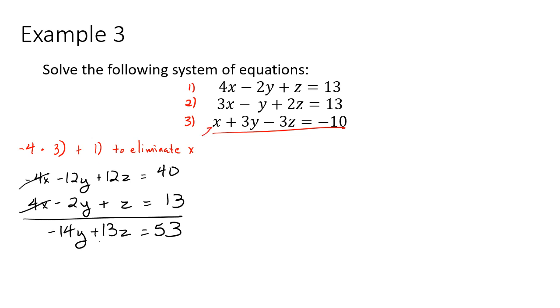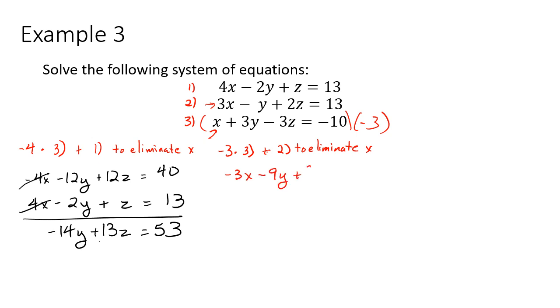If I want to make use of that x with a coefficient of 1 again, I can do that, but now I have to pair it off with the middle equation. So if I want to cancel out this 3x, I need to make this into a negative 3x. So if I do negative 3 times the bottom equation and add that with the middle equation to eliminate x, we would get negative 3x minus 9y plus 9z is equal to a positive 30.